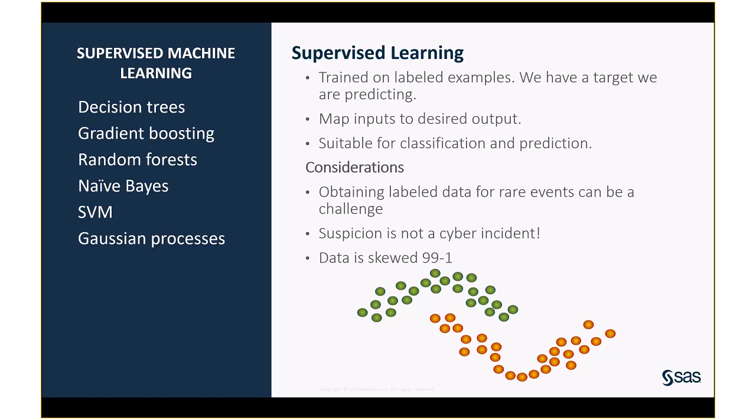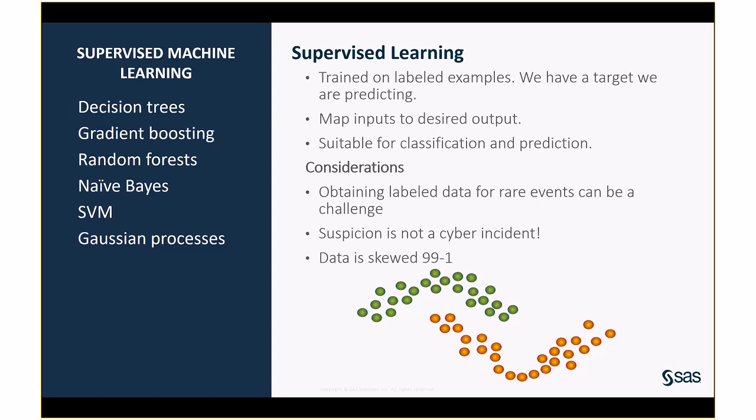Some of the caveats with predictive machine learning, as I mentioned, is that it does require labeled examples to train the models. And importantly, we can't rely on suspicion alone. We can't put forward perceived anomalies to train the models. All we'll get is more perceived anomalies.